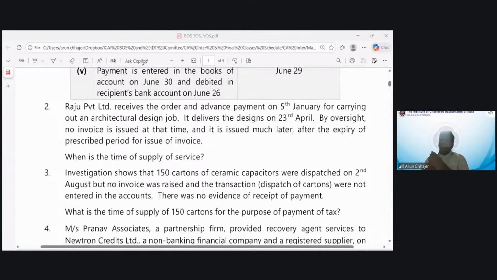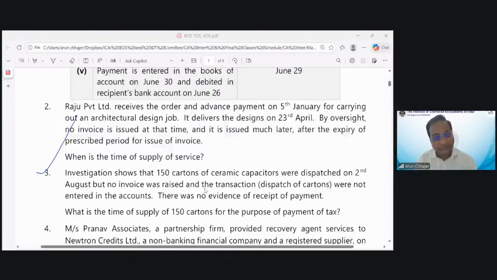Okay, let us do the third case. Please solve the third case. Please read and solve. Meanwhile, I am going to the institute material, and I would like to discuss the point raised by Navneet. Take 2 or 3 minutes, whatever time you like.